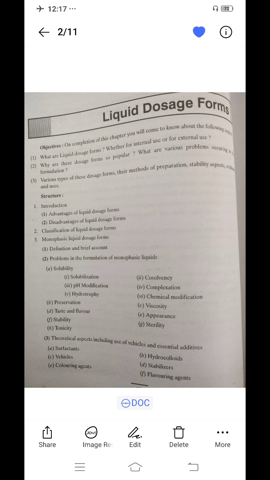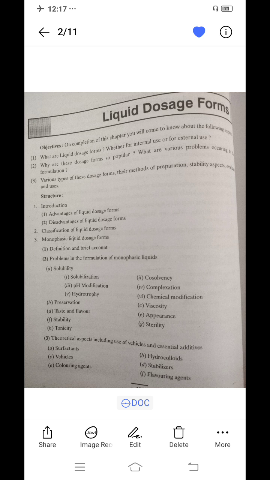The next we have is viscosity. Another important point in case of liquid dosage form is they should not be too viscous, or they should have controlled viscosity. This is for the purpose like to improve the pourability, acceptability, and up to an extent, what is also called palatability.